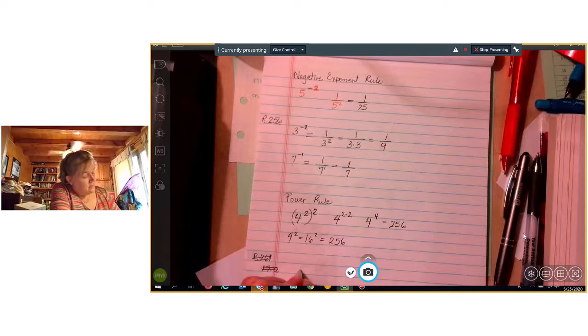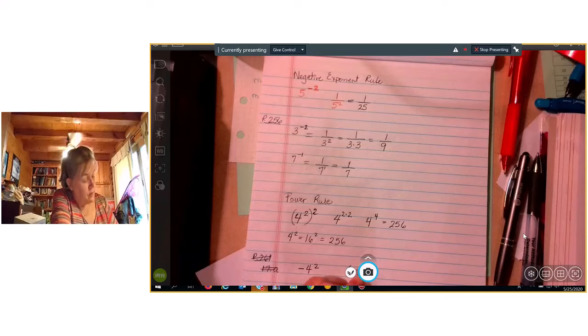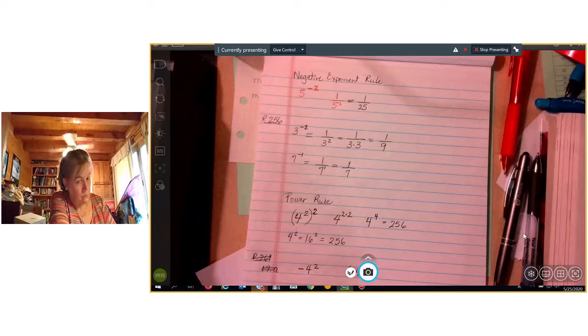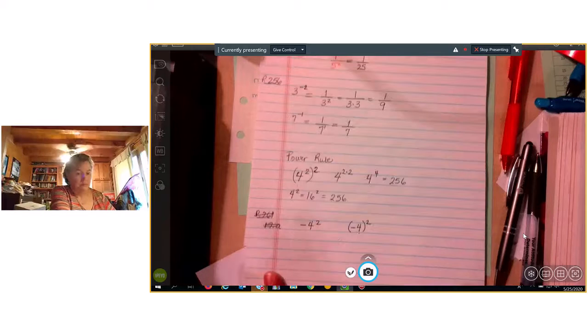If we have negative 4 squared, and then we have negative 4 squared, there's a difference between these two answers.